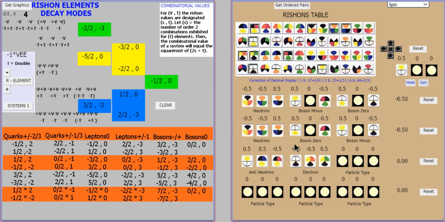Now, if we look at the decay product, meaning the tau neutrino, we'll see that we still have the left-handed contribution of the muon neutrino, and we again have a 0 contribution of this boson 0.